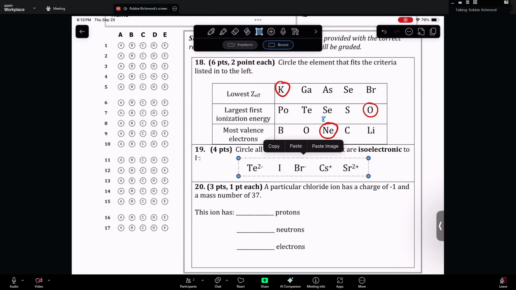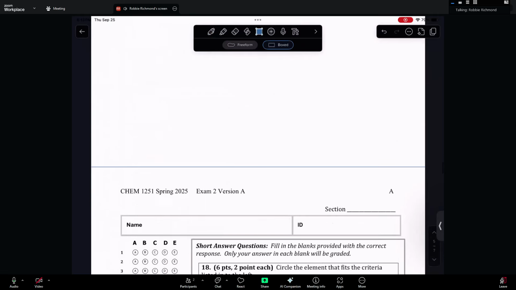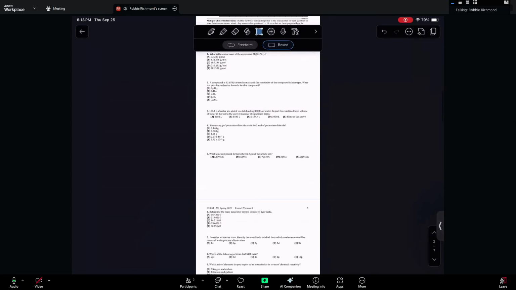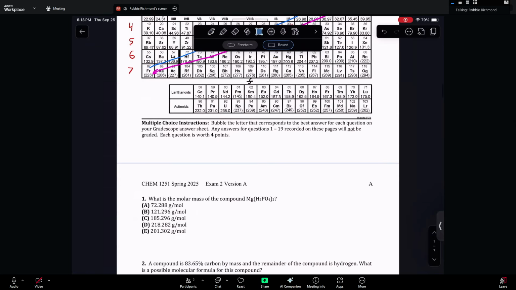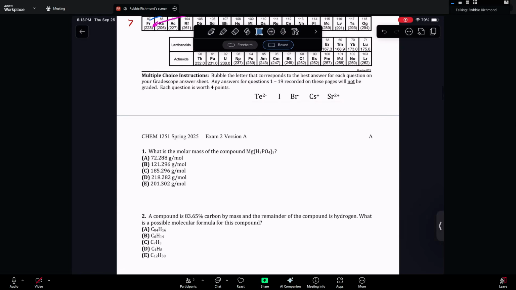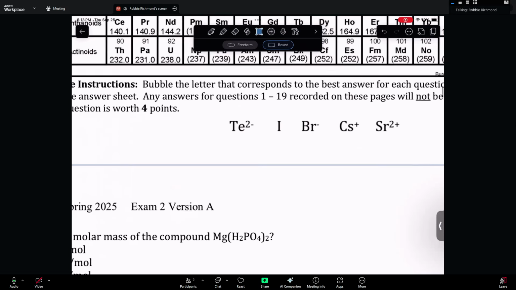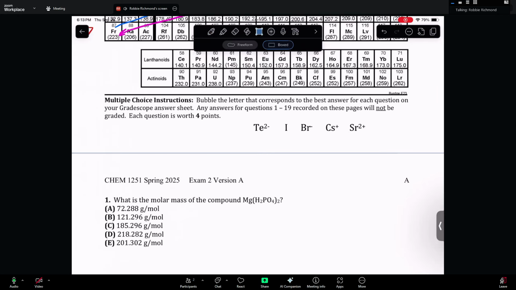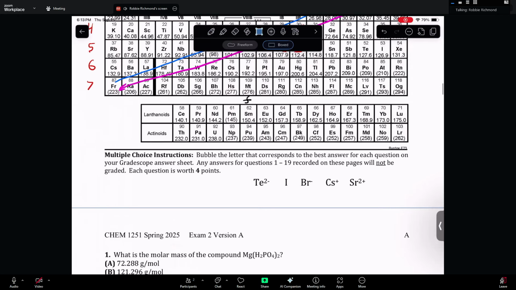Question 19. Circle all the atoms and ions that are isoelectronic to iodine with a negative charge. Make sure to read your question fully, because when I was preparing for this video, I did not see the little negative charge on iodine. I was very confused.